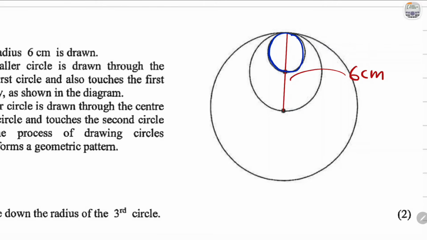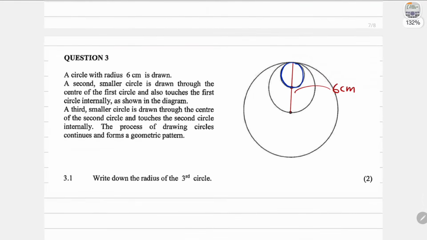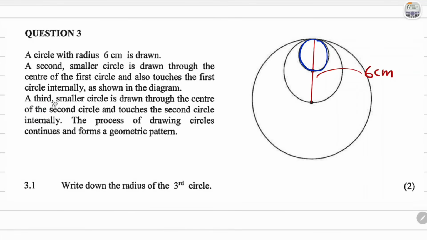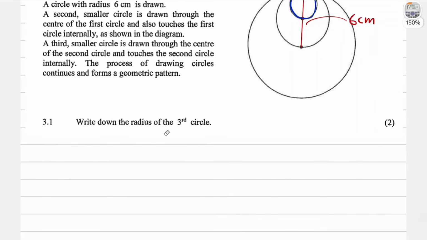It's just circles being drawn inside circles, and they're really just going to keep on being cut in half. Then they tell us a third circle is drawn through the center of the second circle and touches the second circle internally. Same thing. So the process of drawing circles continues and forms a geometric pattern. The question is, write down the radius of the third circle.